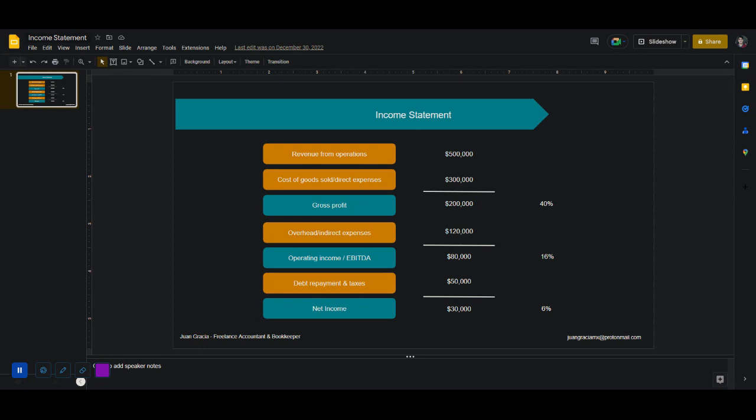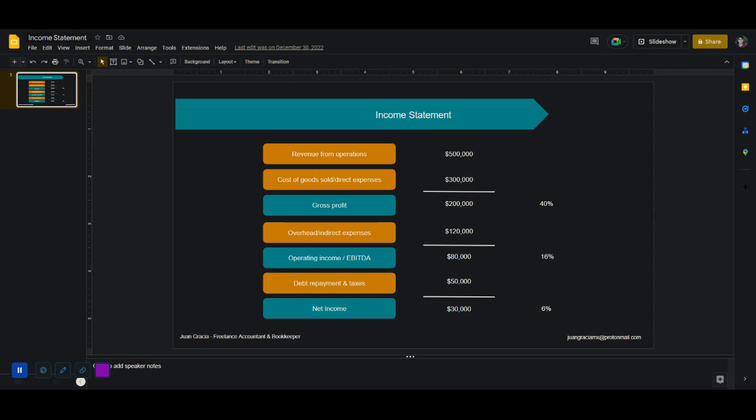Then we're going to go down to the indirect expenses or your overhead. If you are in the construction industry, you're pretty familiar with the overhead rate and these expenses that maybe you don't intend to include. If you don't take them into account in your job costing, they're going to eat your profits. So, what are indirect expenses?